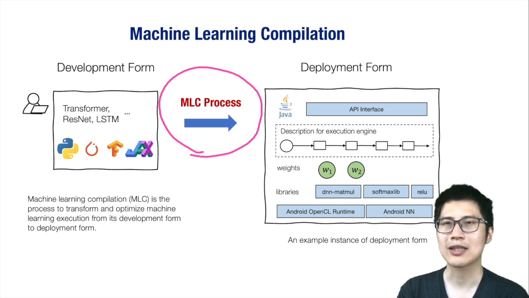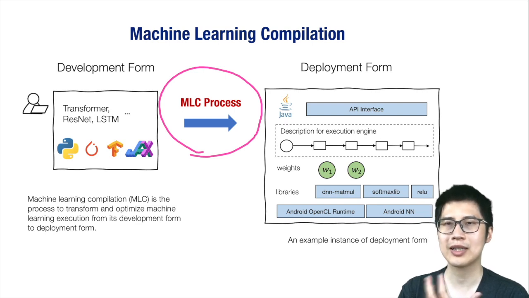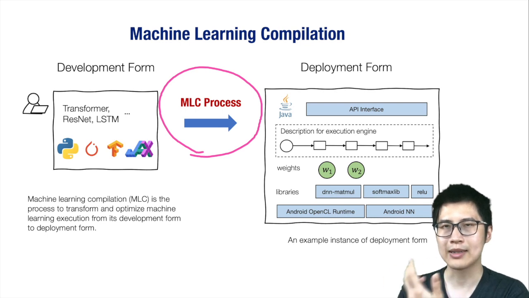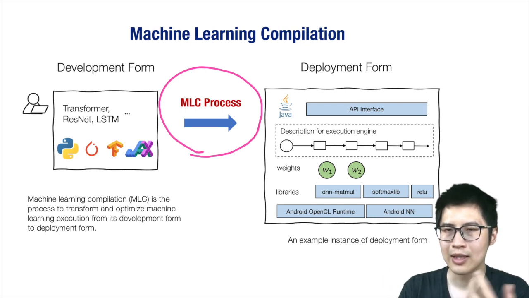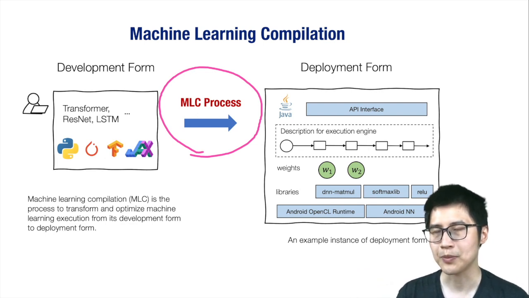As a matter of fact, a lot of the current practices in deploying machine learning models involve that kind of manual process anyway. On the other hand, we are also interested in other automated solutions that help us to automate some of the solution and generalize some of the methods that help us to transform and optimize machine learning execution.